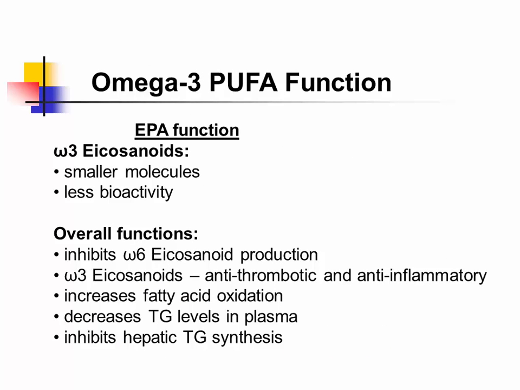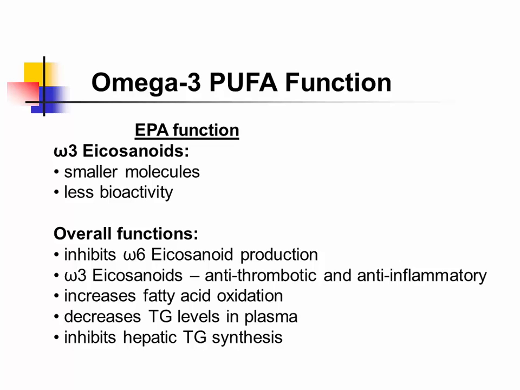And in terms of function of omega-3 fatty acids, they are smaller molecules with less bioactivity, but it's very important to inhibit pro-inflammatory eicosanoid production, right? If we have more omega-3 EPA or DHA, we can inhibit pro-inflammatory or bad eicosanoid production, right?